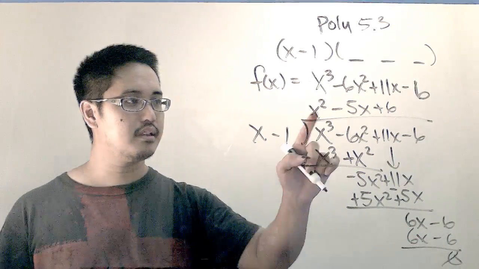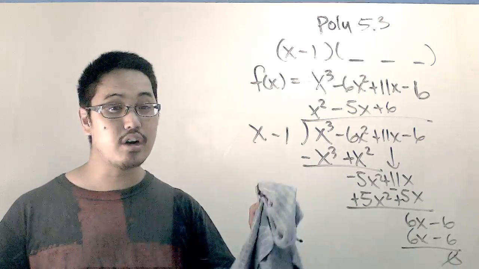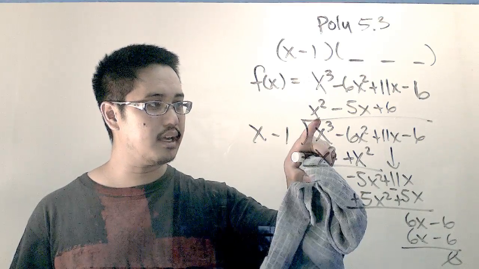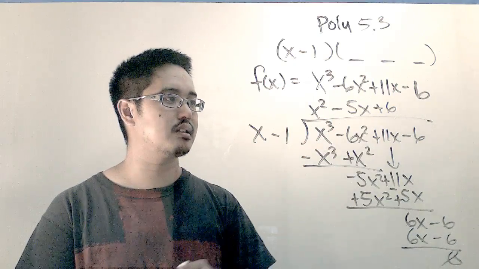There's a 0. That's my other term. This trinomial that I was telling you about is x squared minus 5x plus 6.